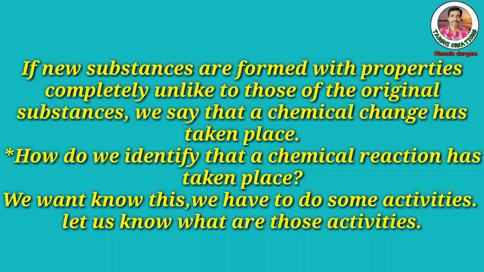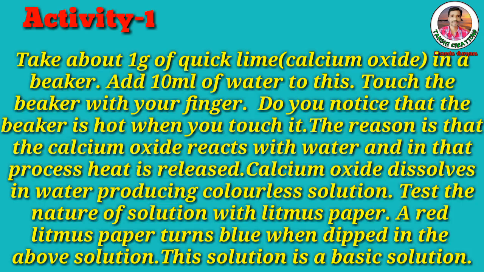Children, listen and watch the video carefully. Activity number 1: take about 1 gram of quicklime, the chemical name is calcium oxide, in a beaker. Add 10 ml of water to this. Touch the beaker with your finger. Do you notice that the beaker is hot when you touch it?